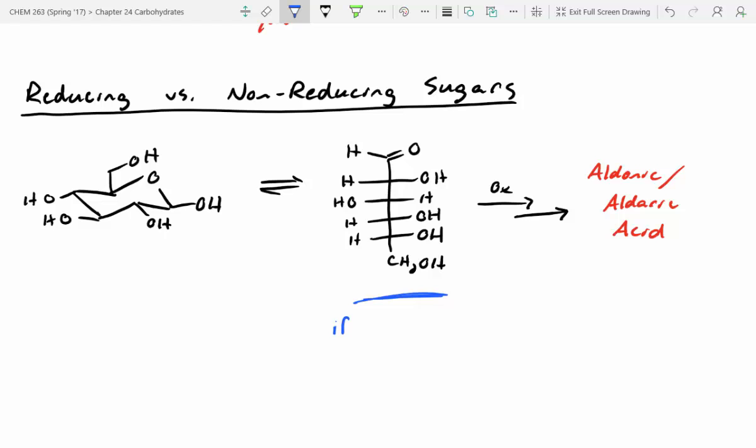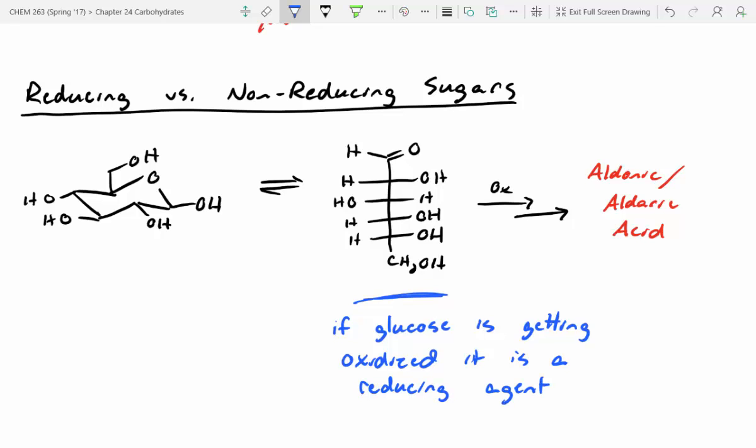So if glucose is getting oxidized, it is a reducing agent. Therefore, this is referred to as a reducing sugar because it's a reducing agent. So anytime you see an alcohol in this position, these are also referred to as reducing sugars.